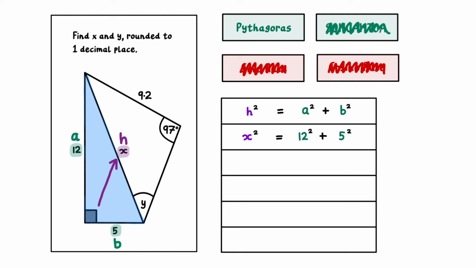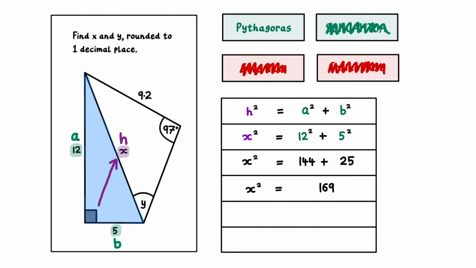Putting these values into our statement tells us that x squared equals 12 squared plus 5 squared. This equation can be solved to find the value of x. Let's begin with some calculations. 12 squared equals 144, and 5 squared equals 25. When we add these two values, we see that x squared equals 169.